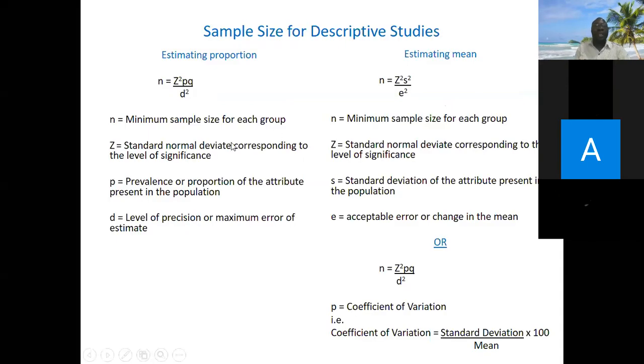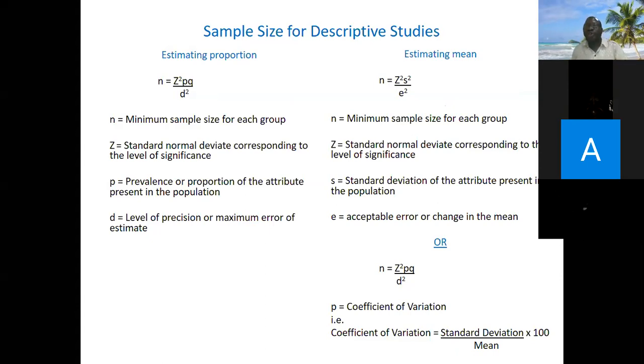You see here that this E, acceptable error or change in the mean, is how much you want your own mean to differ from the population value. It's not the mean you put here. If you don't want it to differ by more than 5%, you now calculate 5% of that mean.